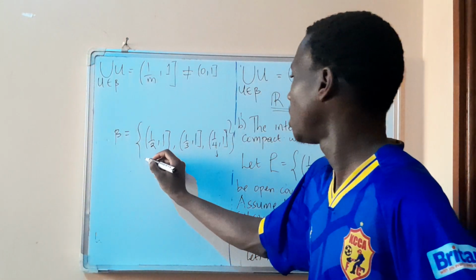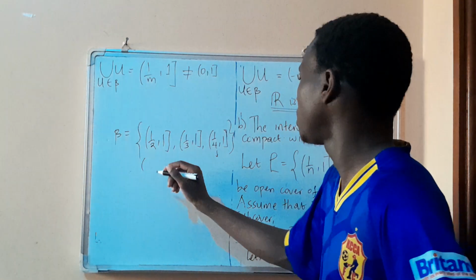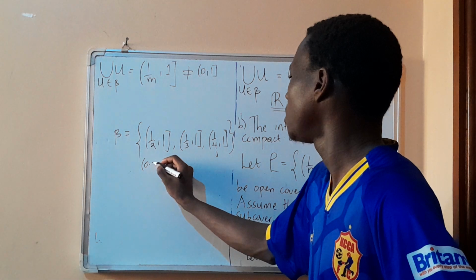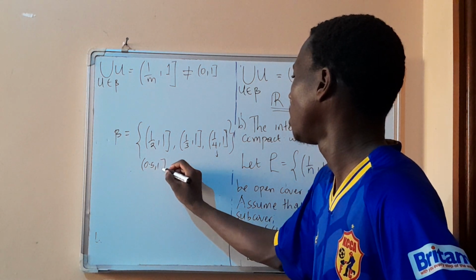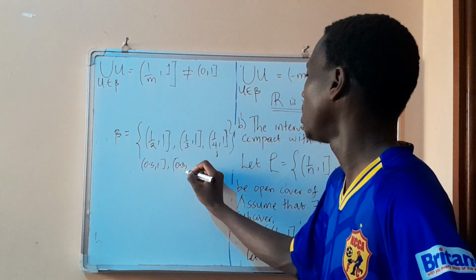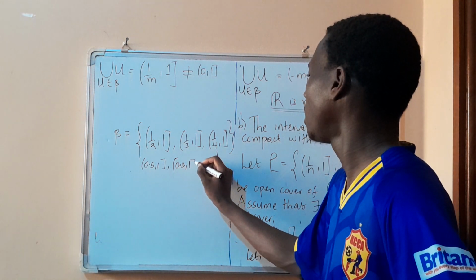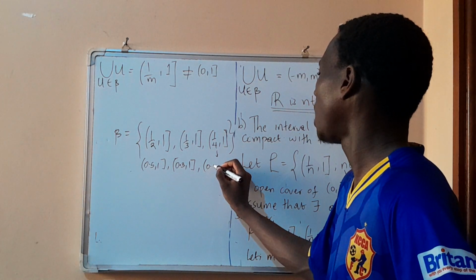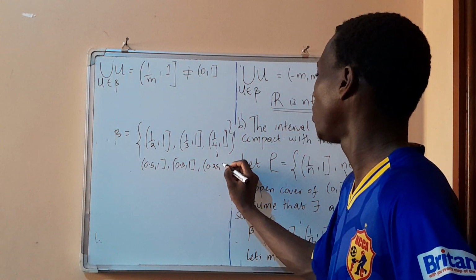Let us try to convince ourselves. 1 over 2 is 0.5, 1. Then 1 over 3 is about 0.3, 1. And then a quarter is 0.25, 1.